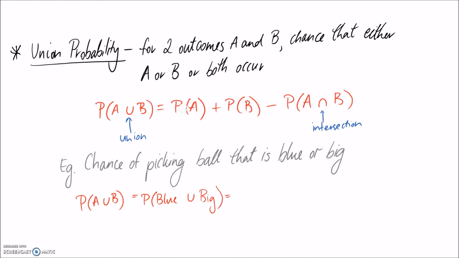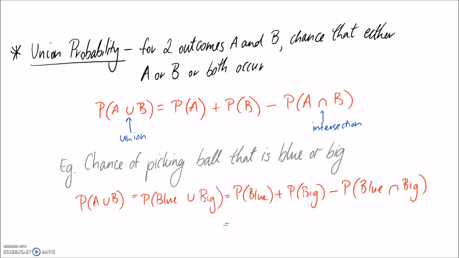So substituting this into this form, it's the probability of it being blue plus the probability of it being big minus the probability of it being both blue and big. Okay, so this is basically just removing those items that are going to be counted twice from our contingency table. So let's go and look these up.